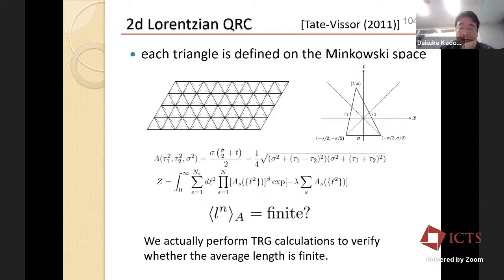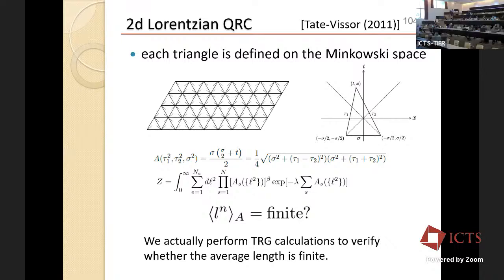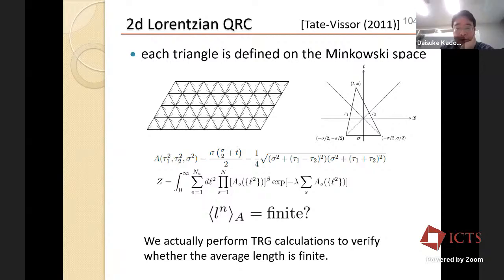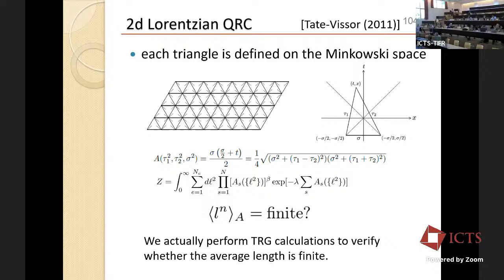No. The naive analytic continuation, replacing tau with i tau, does not reproduce the Euclidean area.